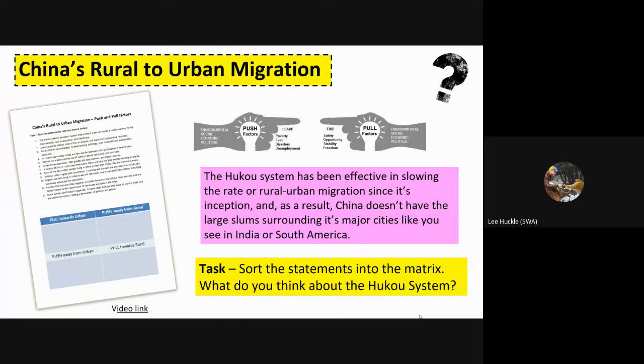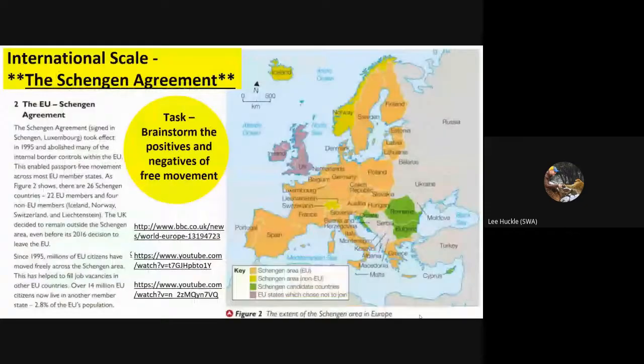And you'd have then looked at some statements, looking at push and pull factors and trying to categorize those statements into push and pull factors of migration in China. The second part of that first lesson was another case study example, looking at the migration of people across borders, so internationally here, from one nation state to another.